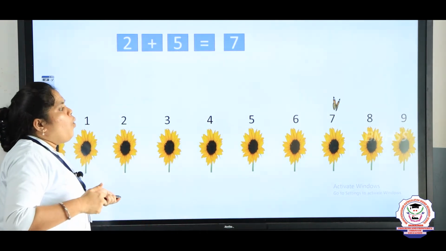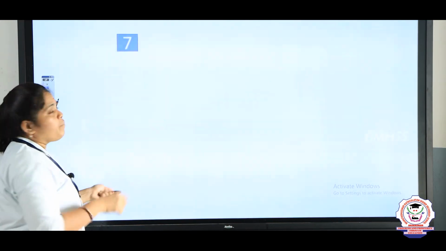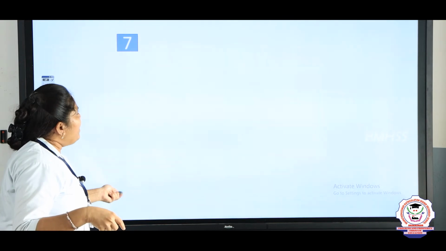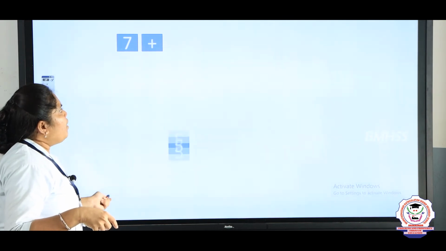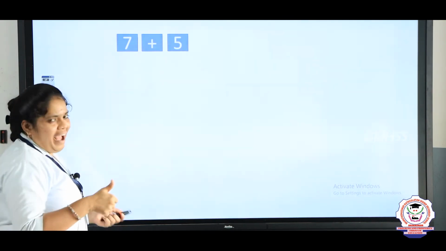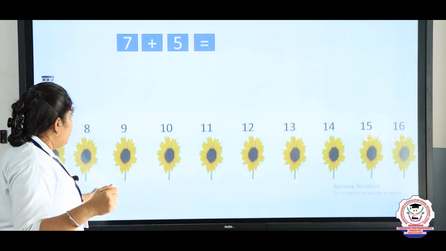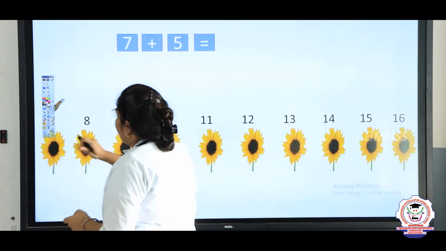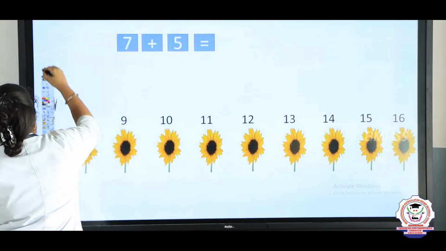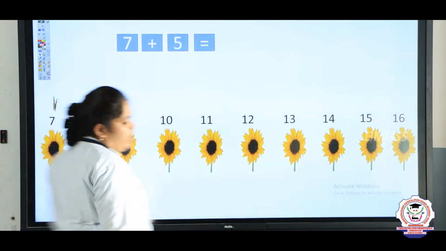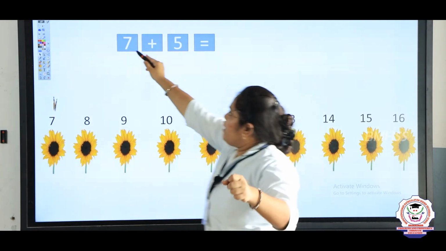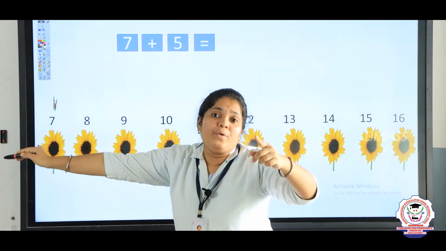So, now what I am going to do is take the answer 7 plus number 5. What will be the answer? Let's see now. The butterfly is placed on this number 7 because it is a continuation sum.